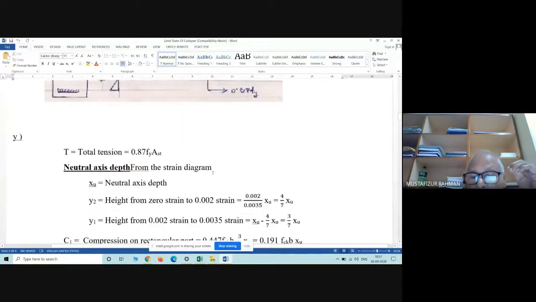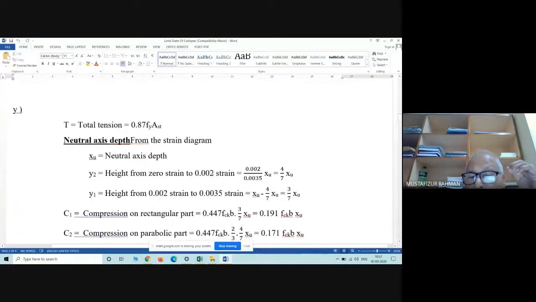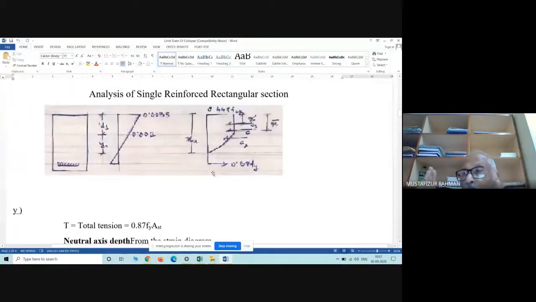So 0.447 fck, into the width of the member and the depth of the member, multiplied by the intensity of stress. Intensity of stress is constant. Width is b. Depth is not xu, it is y1.